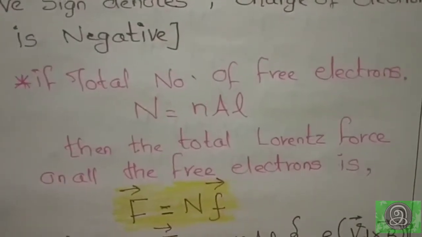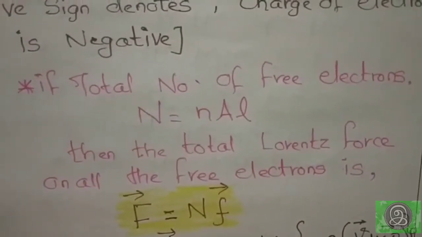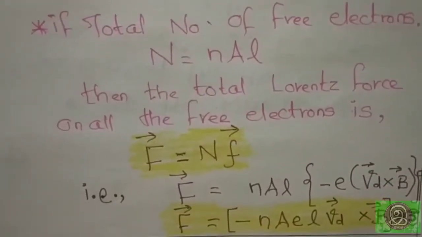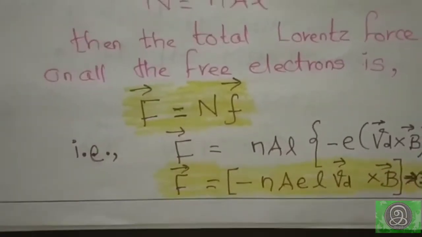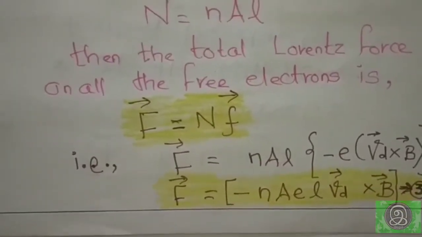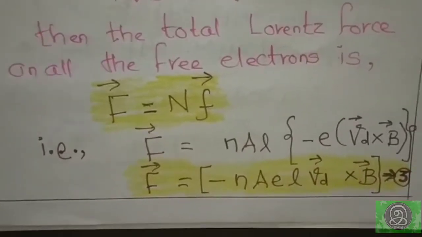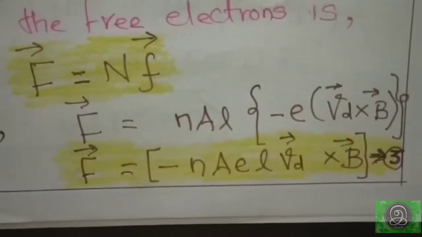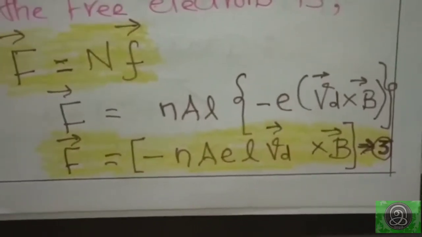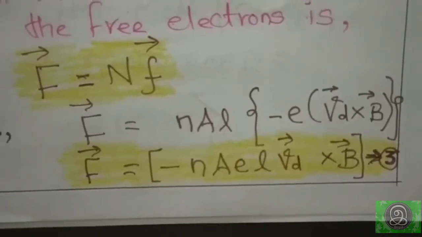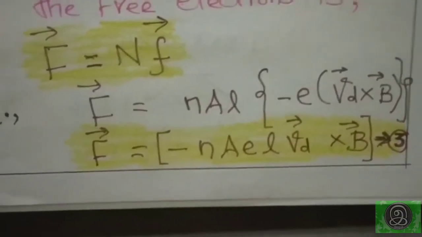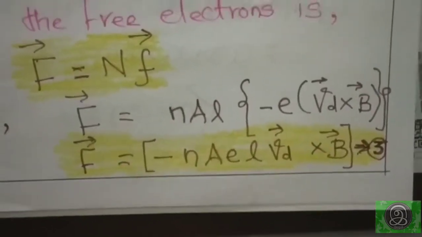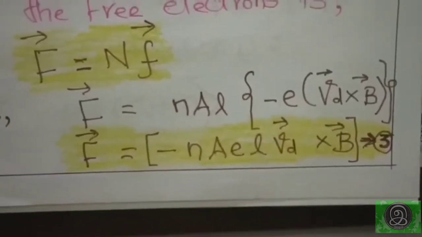If the total number of free electrons, capital N, is equal to small n A l, then the total Lorentz force on all the free electrons will be capital F vector is equal to capital N into small f vector. So capital N is nothing but n A l, and small f vector is nothing but minus e of v suffix d cross B vector. So F vector is equal to minus n A e l v suffix d cross B vector, which is taken as equation 3.